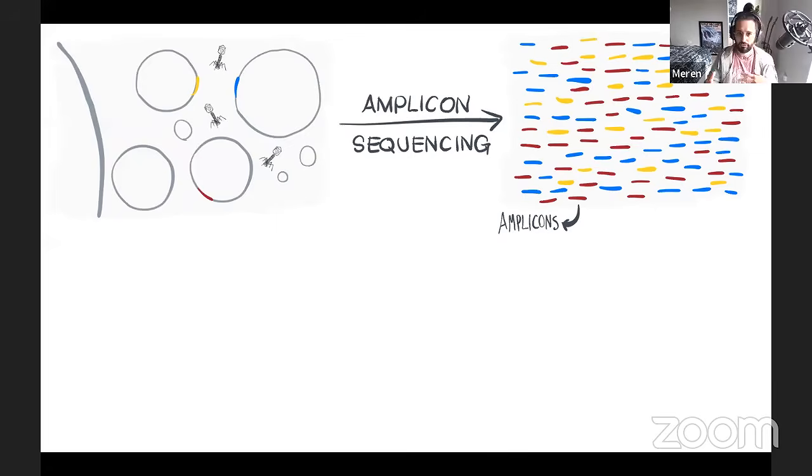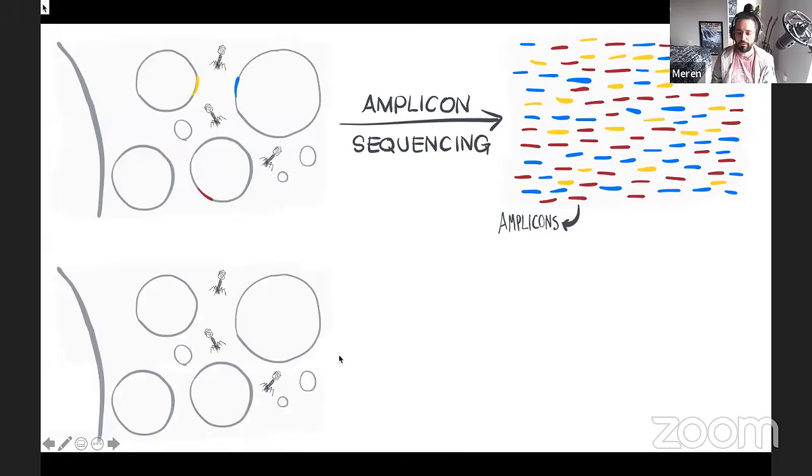But now let me talk about shotgun sequencing a little bit, and then highlight the major differences between them. Why would one want to stick with amplicon sequencing even when we have access to shotgun sequencing? So imagine the same environment with the same kind of composition of different things. When we apply shotgun sequencing to this environment, we basically extract DNA from these environments as best as we can.